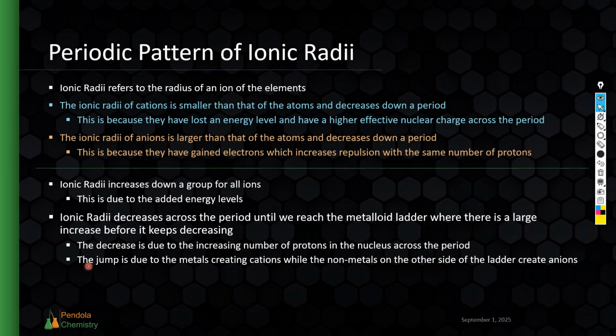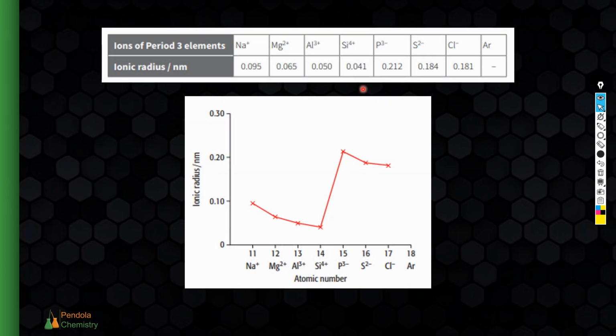However, you have to realize that there's going to be a jump when you get to the metalloid ladder, because we go from the metals which create cations to the non-metals which create anions. So let's look at that, and again, graphical data, because it's very important.